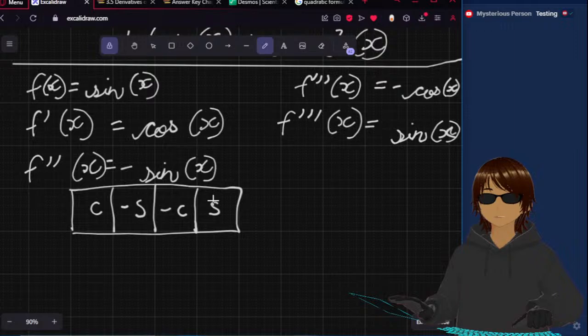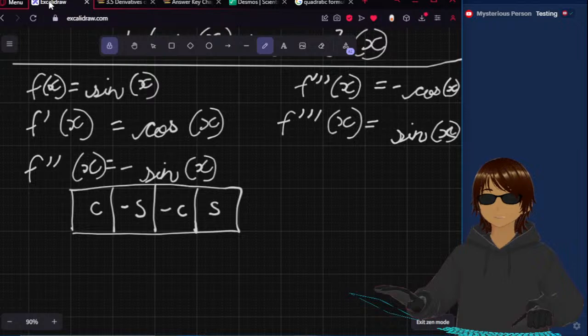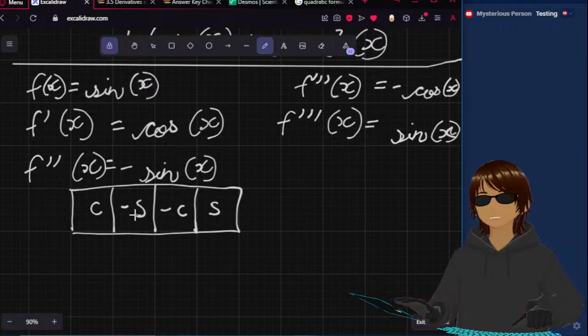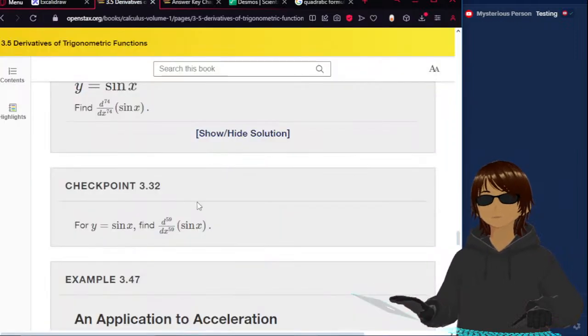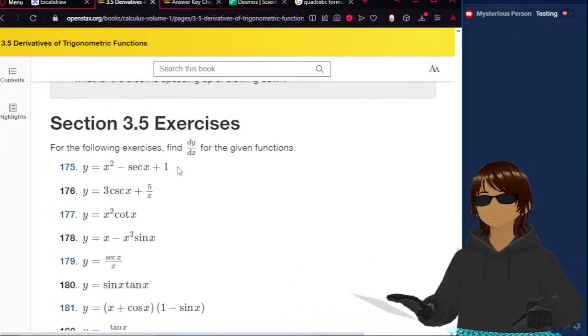So we are finding the 59th. I think it's minus cos. Did we reach sine at 56? Because 56 is divisible by 4, it would still be sine. 57, 58, 59. This checkpoint. Let's do the questions.